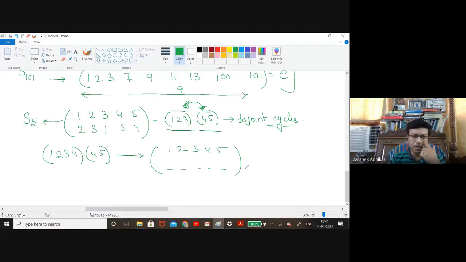Is the question clear to all of you? I have given you these two elements from S5, and I ask you, can anybody tell me what this is?